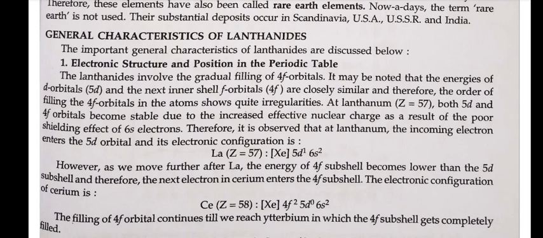The lanthanides involve the gradual filling of 4f electrons. It may be noted that the energies of the 5d orbitals and the next inner shell f orbital 4f are closely similar, and therefore the order of filling the 4f orbital in the atoms shows quite irregularity.